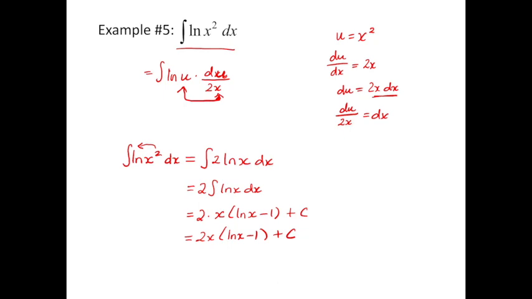So just keep that in mind when you're taking the integral of logarithmic functions, that in some cases we can just use the properties of logarithms to simplify matters for us. So in this case, we could use the properties of logarithms to say ln of x squared is the same as 2 ln x, and then just take the integral.